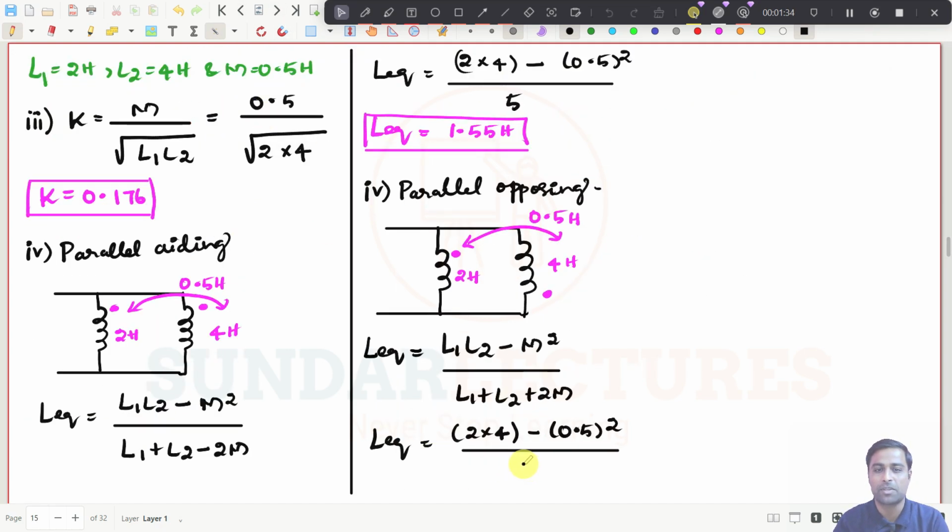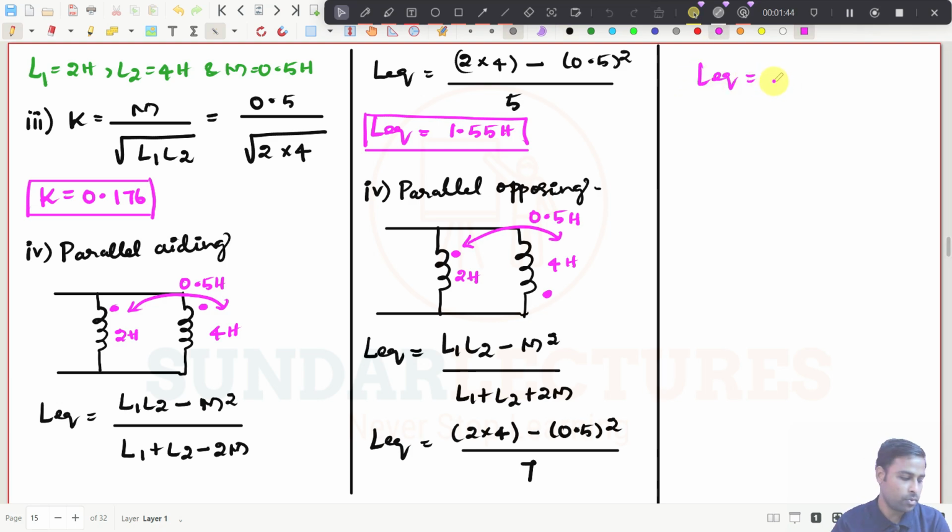You can easily substitute. This is 7 Henry. So if I substitute this, I am getting the value of L equivalent to be 1.107 Henry.